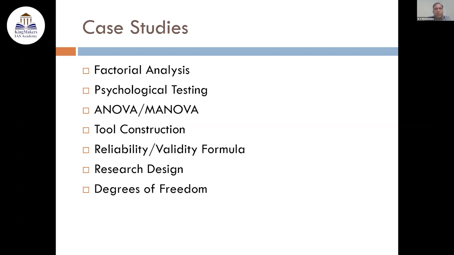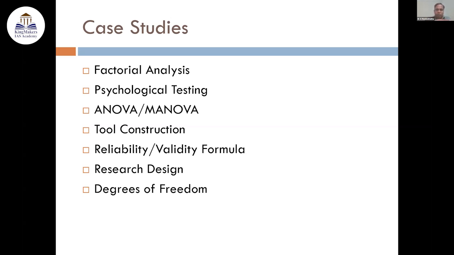Special importance has to be given to how you work out the previous year question papers. In my understanding, if you go back to previous year question papers, let's say 2012, they started with the MCQ.